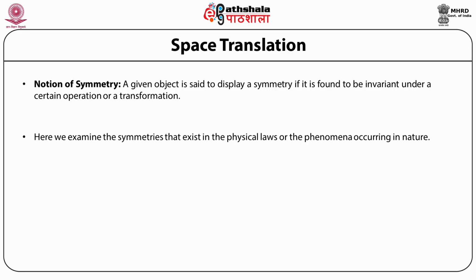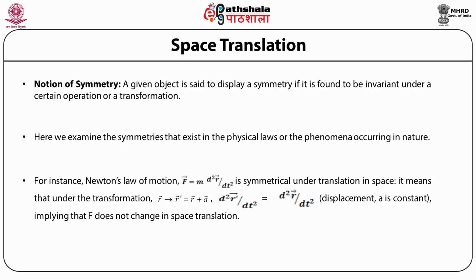So, for example, if we take Newton's laws of motion, then the equation, force is equal to mass times the acceleration, that is the double derivative of the position vector with respect to time, is symmetrical under translation in space.